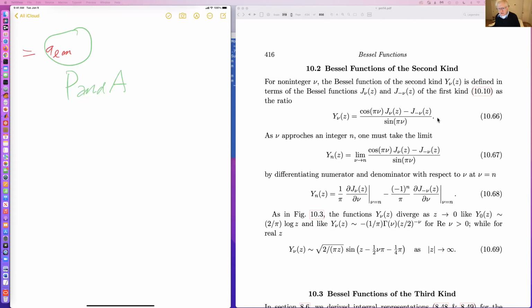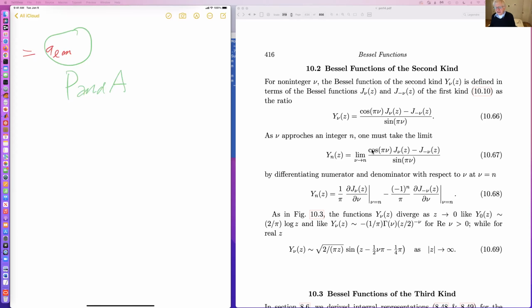But as nu approaches an integer, which is what interests people basically, or what's probably more important, we've got a 0 in the numerator and a 0 in the denominator, and so we have to take the ratio of the derivatives.